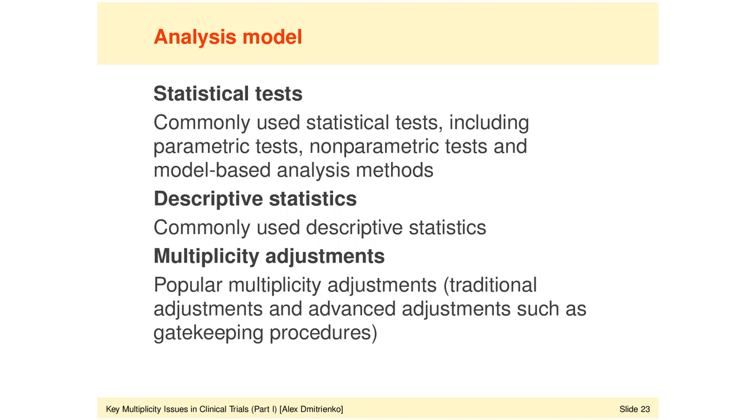And of course, we should not forget about popular multiplicity adjustments. The Mediana package supports all adjustments used in traditional multiplicity problems that we introduced in modules C, D, and E. And it also supports advanced multiplicity adjustments known as gatekeeping procedures that will be presented in part 2 of this course.